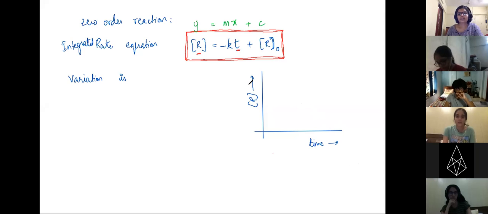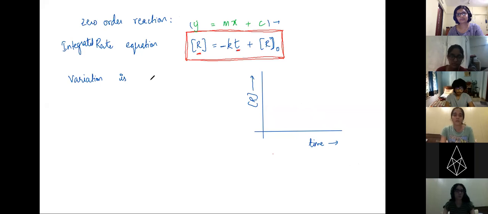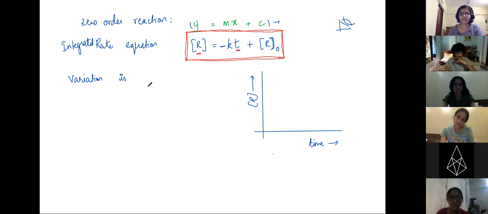Yeah. So first thing, this equation is the equation of which graph? So this represents a negative slope, okay, but is it going to be like this or like this or like this? Straight line. Yes.